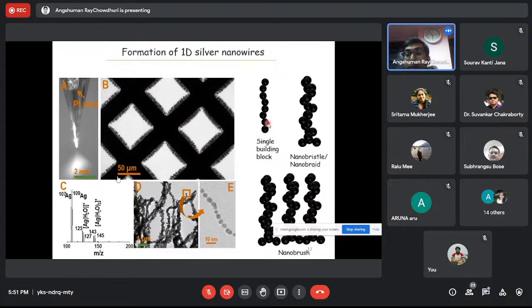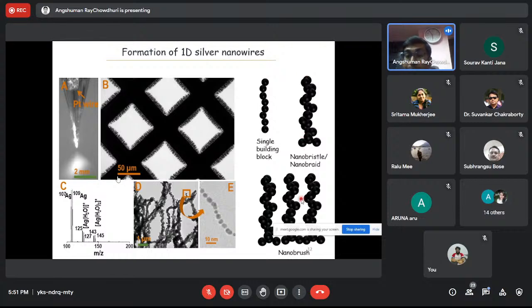One particle is formed, and again, when the droplets filled with ions are deposited on the substrate, they produce nanoparticles, as I told you before. Then particle upon particle orientation is happening. At the beginning of the spray, this type of assembly forms. When the spray time is longer, this type of bristle kind of structure is observed.